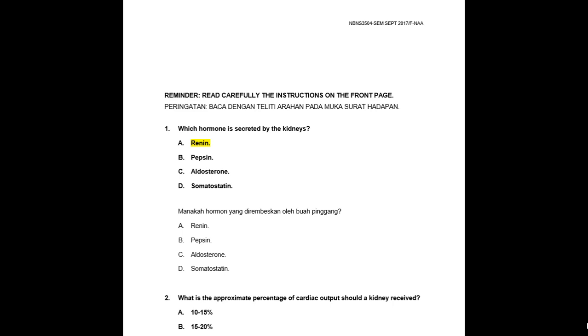Somatostatin is a hormone which is released by the pancreas. The delta cells of the islets of Langerhans secrete somatostatin. It is also called growth hormone inhibiting hormone. Somatostatin regulates the endocrine system and also neurotransmission. So the answer for the first question is A, renin.